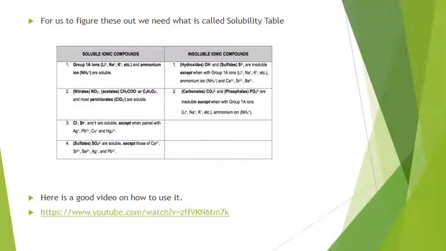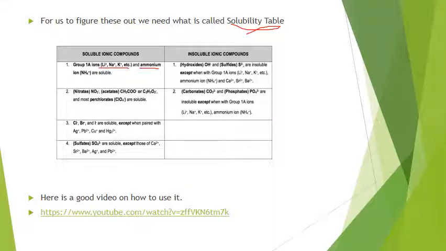Okay, so how do we determine if a chemical reaction is going to take place in a double replacement? We're going to use something called a solubility table, and here's an example of one. What this table says is that anything combined with group 1 or column 1, or ammonium, is soluble.